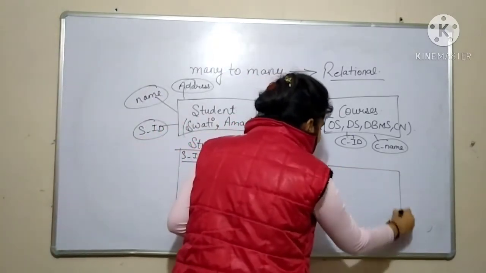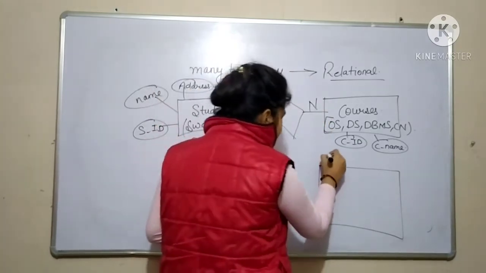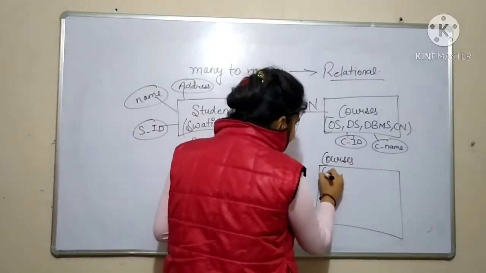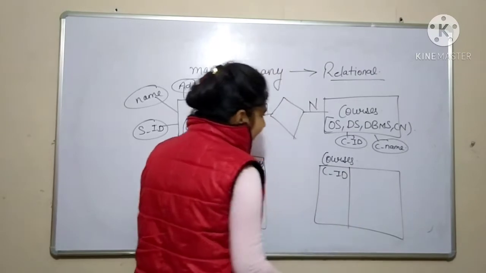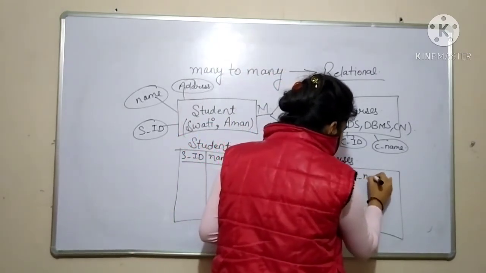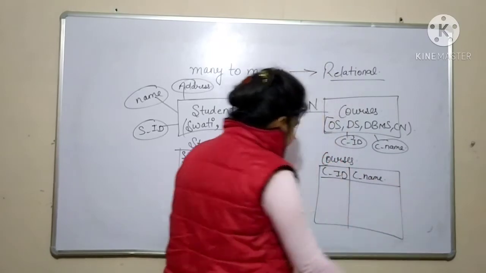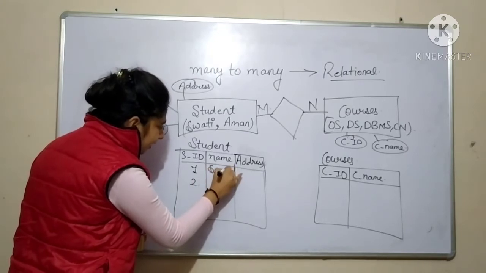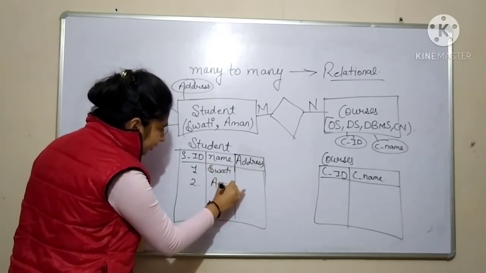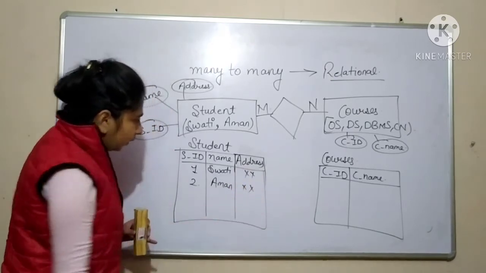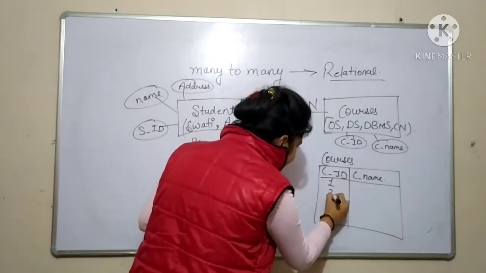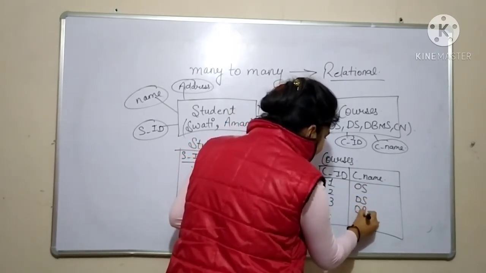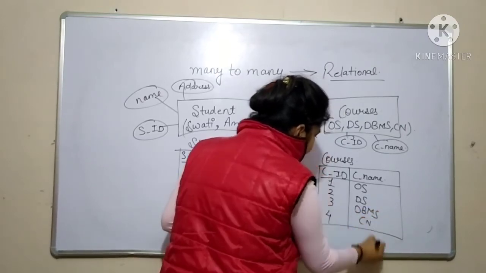Now let me make the second table for the second entity, courses. What are the various attributes we have in this course table? Course ID, and course name, and we have 4 courses: operating system, data structures, DBMS, and computer networking.